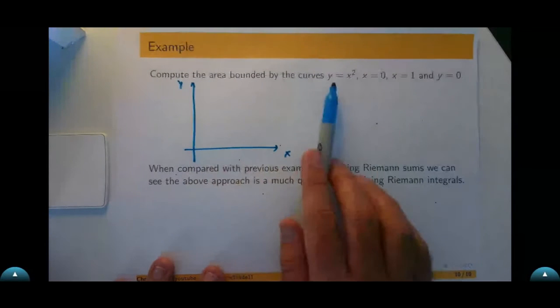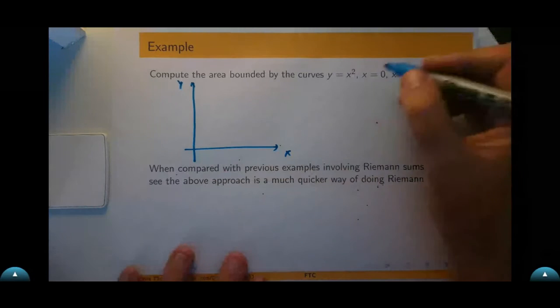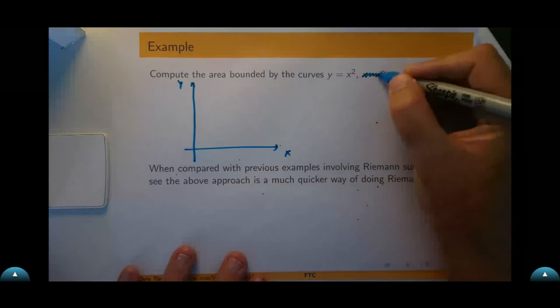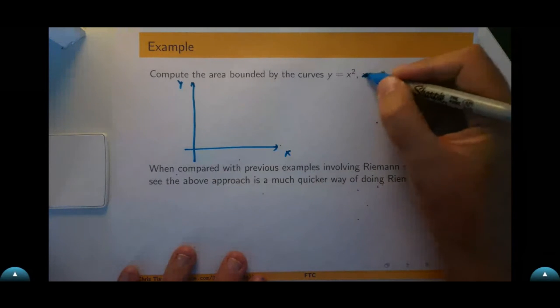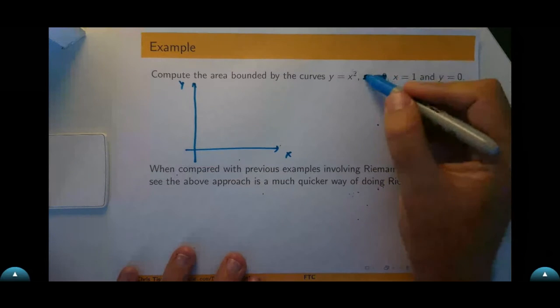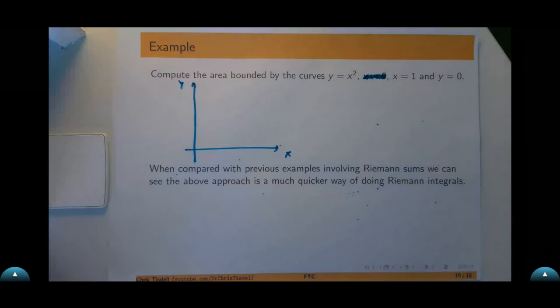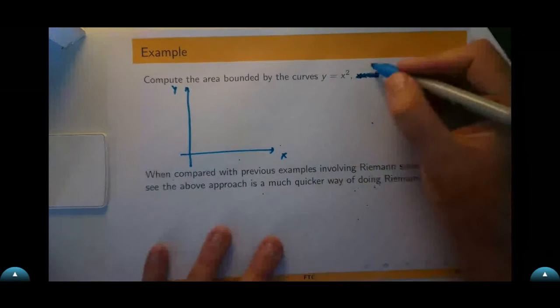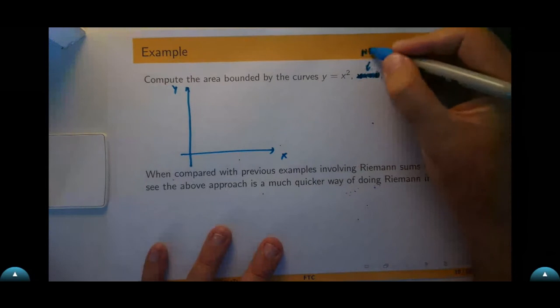Compute the area bounded by these curves here. Now, when I was doing this, you actually don't need this part to define the area, but I'll talk about that in a minute. So you can actually remove this. Okay, it's not necessary.